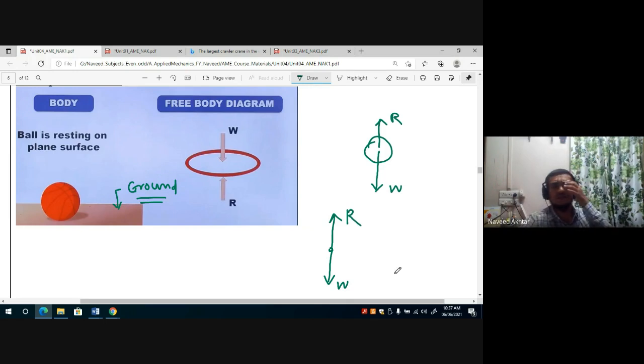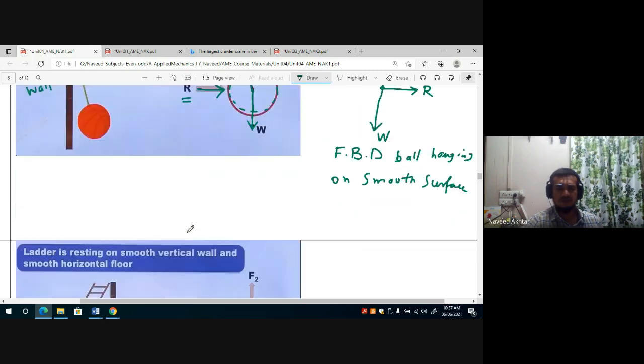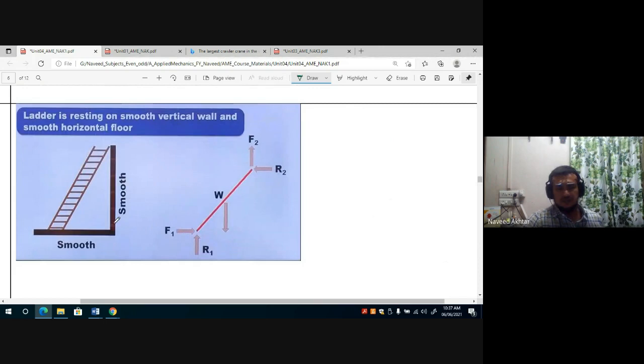That is the free body diagram of the resting ball. Then here the ladder is on smooth surfaces, the wall and the ground. The ladder is inclined and resting on the ground, and also resting on the smooth surface of the wall. What will be the free body diagram of this ladder? Because the ladder is inclined, I will draw an inclined line.